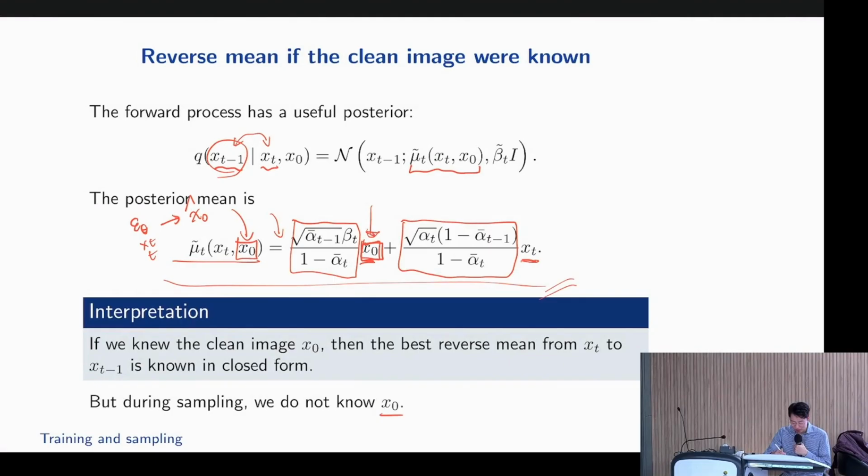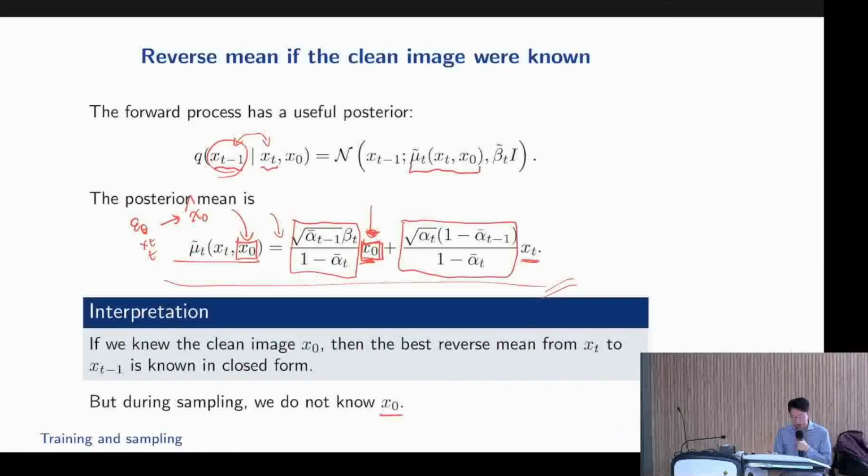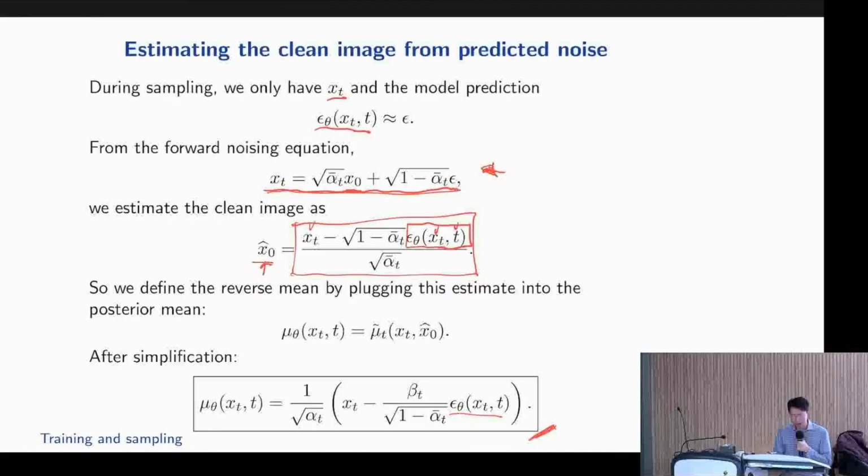So you plug in the expression here and simplify, and you arrive here. Here you need to use the relation between alpha t bar and beta to simplify. Okay, now it looks good: the predicted mean of the one-step denoised image.